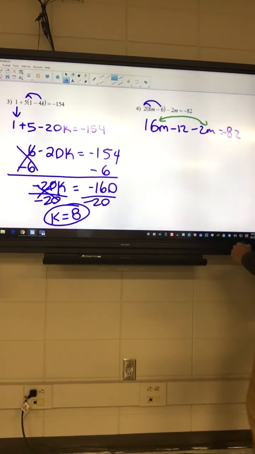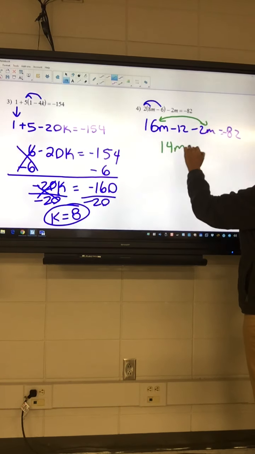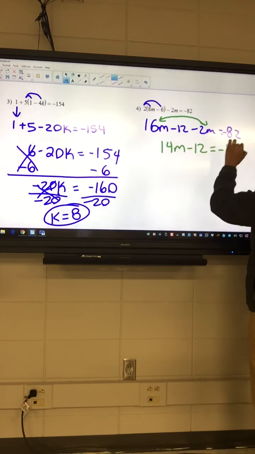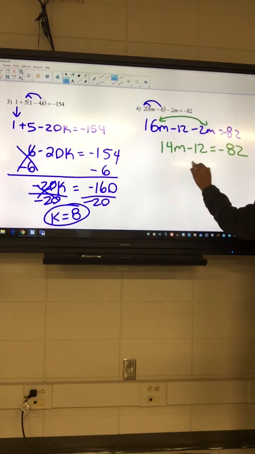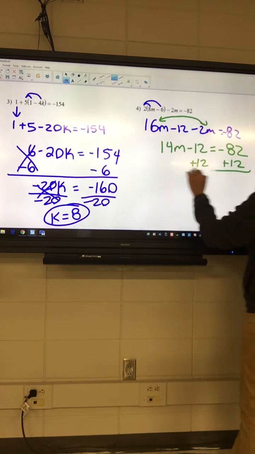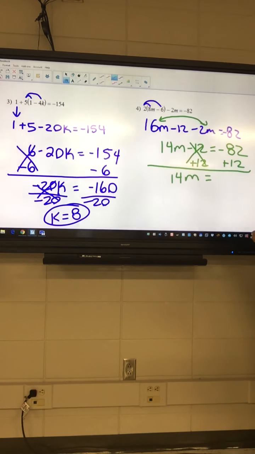Yep. Okay, 16m minus the 2m is gonna be 14m, equals negative 5, minus 12, negative 82. Okay, and we're gonna add 12 to both sides. 14m is what? 270?